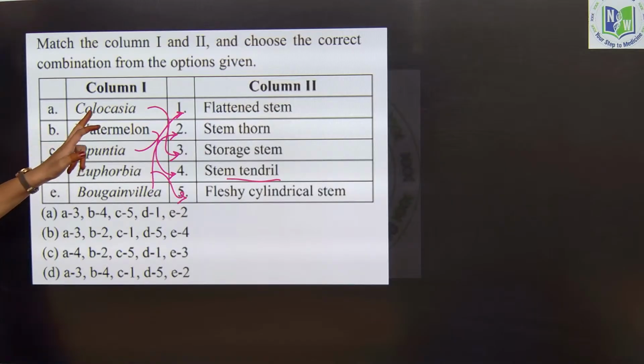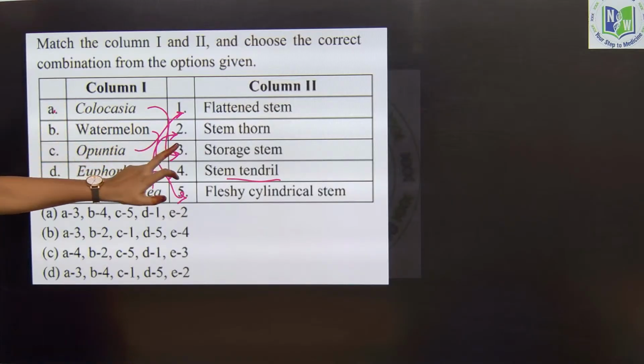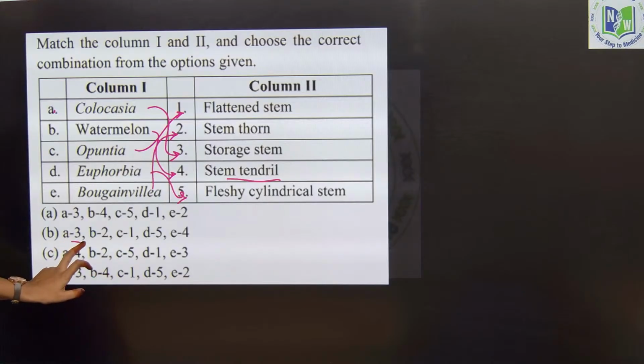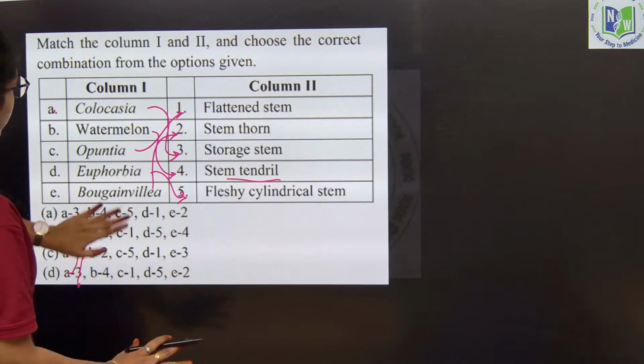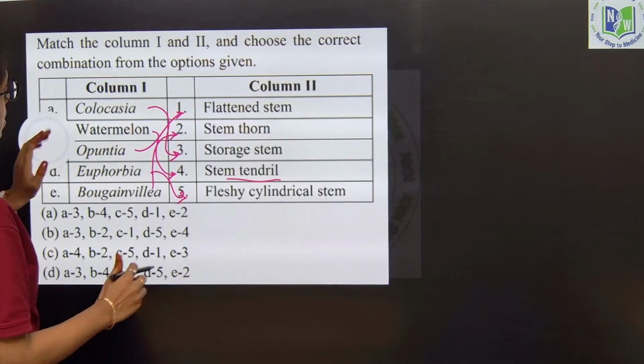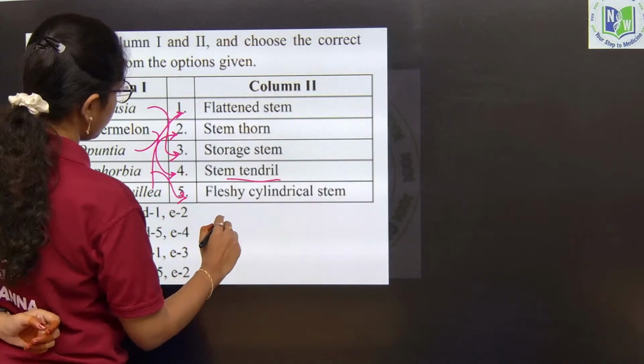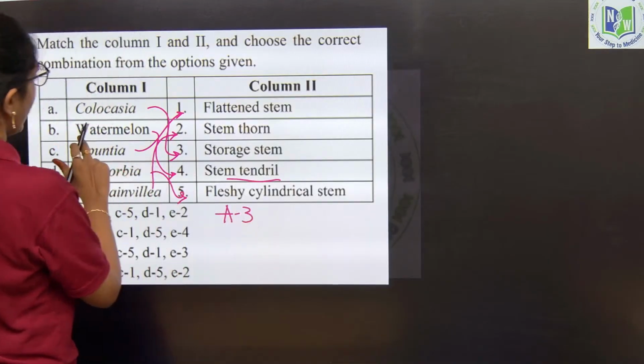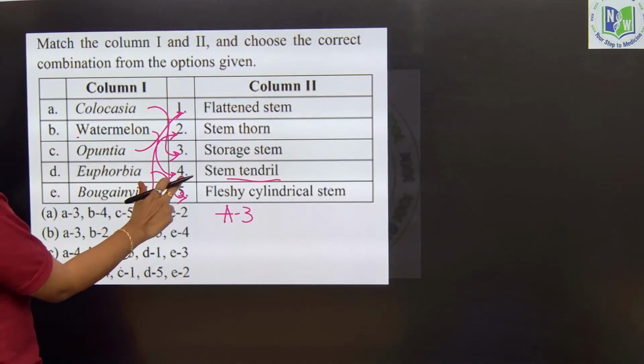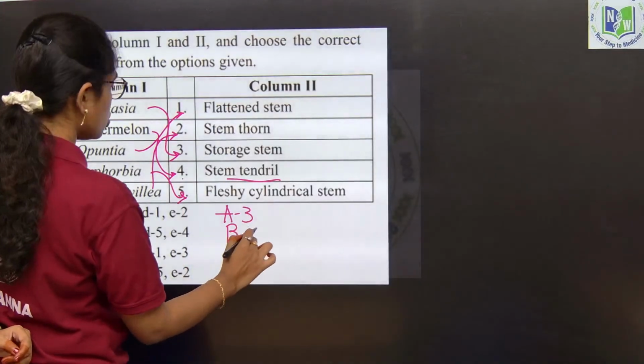So here A is option 3, B is 5. So I'll write here. Colocasia, that is A, which is option 3, and B watermelon, which is a stem tendril, that is option 4.